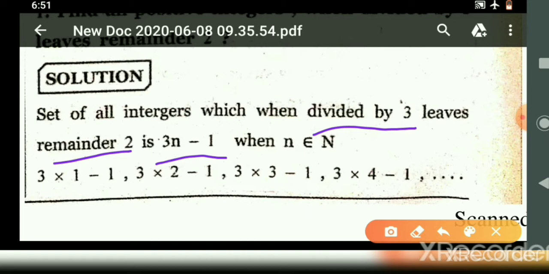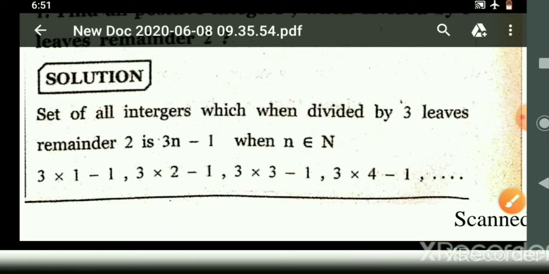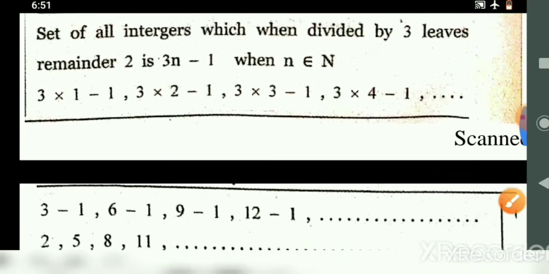Now apply n equal to 1: we get 3 into 1 minus 1. n equal to 2: 3 into 2 minus 1. n equal to 3: 3 into 3 minus 1. n equal to 4: 3 into 4 minus 1, and so on, going on infinitely. So we get 3 minus 1 is 2, 6 minus 1 is 5, 9 minus 1 is 8, 12 minus 1 is 11. The terms are positive integers 2, 5, 8, 11, and the next term is 14.